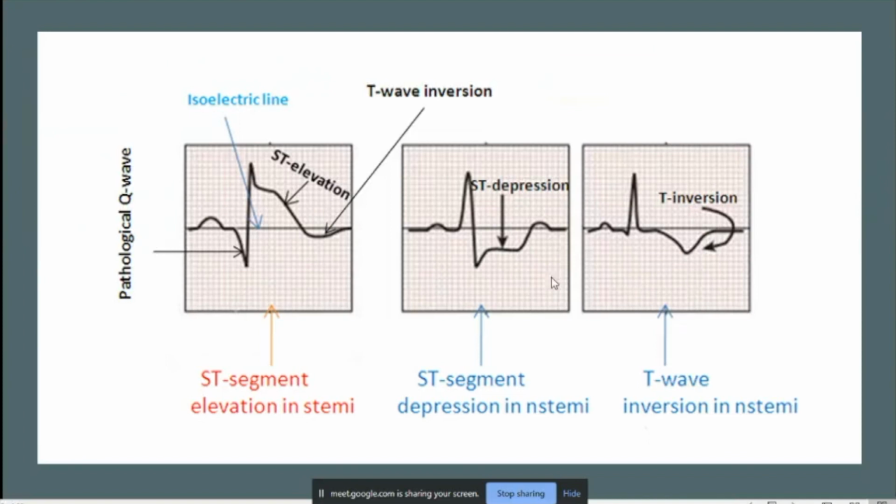These two are usually seen in NSTEMI or unstable angina, but the name implies that ST elevation is seen in STEMI, ST elevated myocardial infarction. You don't have to know this pathology, but just for reference.